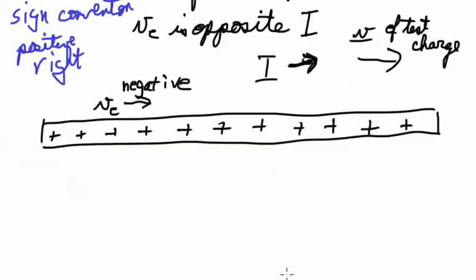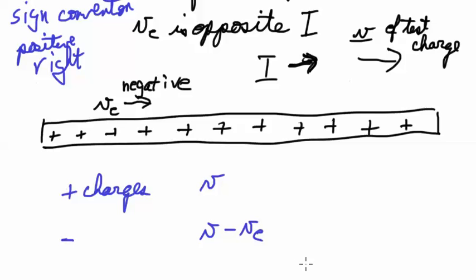Now, from the perspective of the test charge, the positive charges will be traveling with velocity of magnitude v, and the negative charges will be traveling with velocity v minus v sub e.